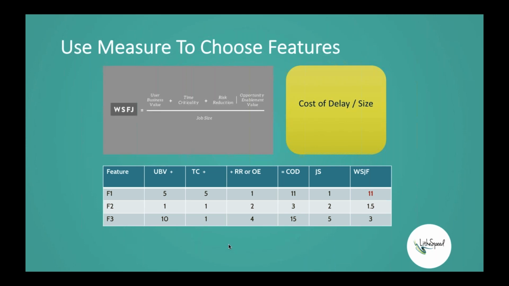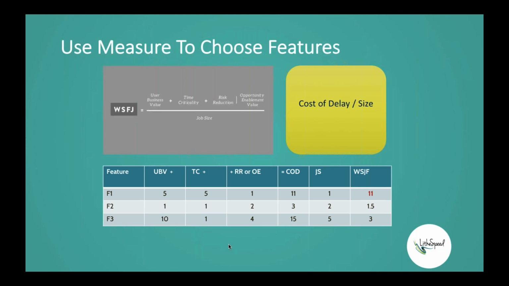On the top, in the numerator, is the bang, or the upside to the business, and down in the denominator is the bucks, basically the size of the job to get this feature or functionality out there. So weighted shortest job first is the business value plus the time criticality plus the risk reduction or opportunity enablement, the sum of all that divided by the job size.